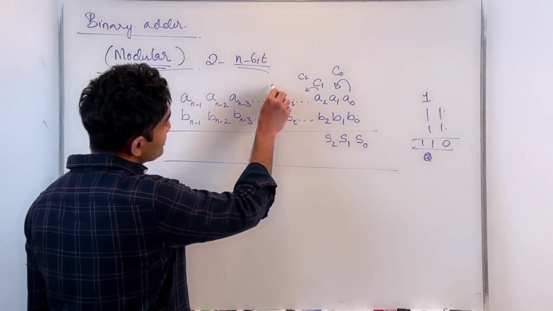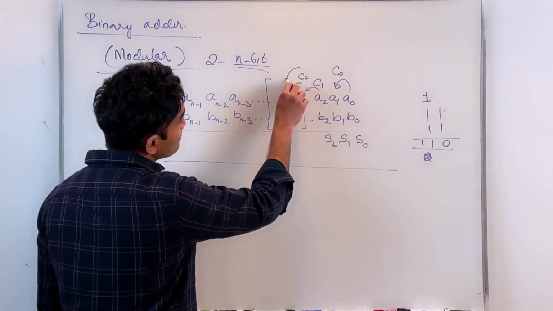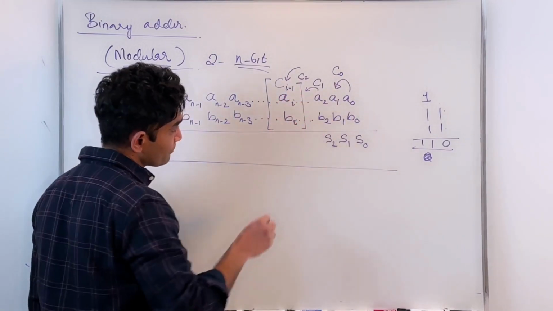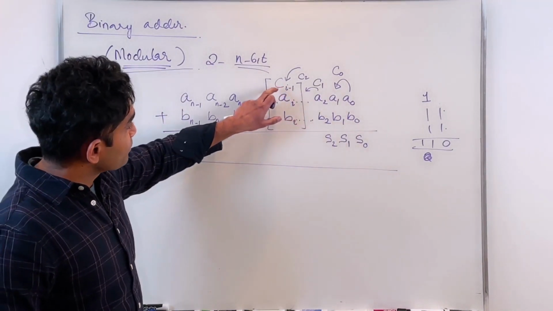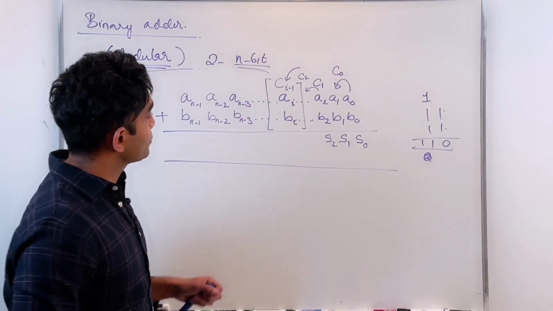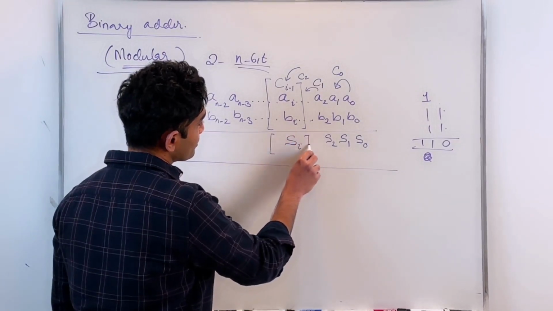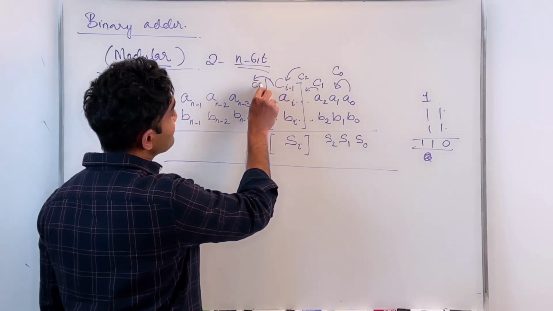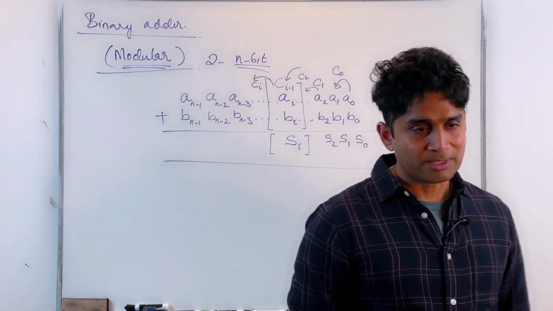So in this intermediate bit position, I get a carry out from the previous bit position. Let me call that Ci minus 1. I'm adding that along with the bits Ai and Bi to get my Si and an output carry, let me call that Ci, which gets added with the next bit position.